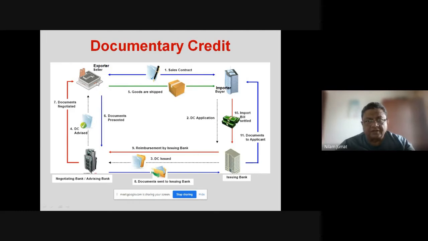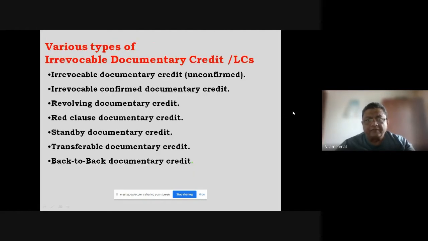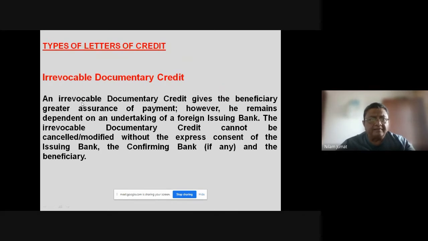When you say irrevocable, it means after giving that condition, whatever the issuing bank has told the exporter, 10 red cars, $100,000, before November 30th, not a single condition can be changed after that.